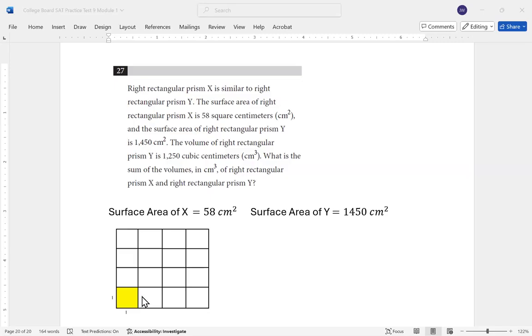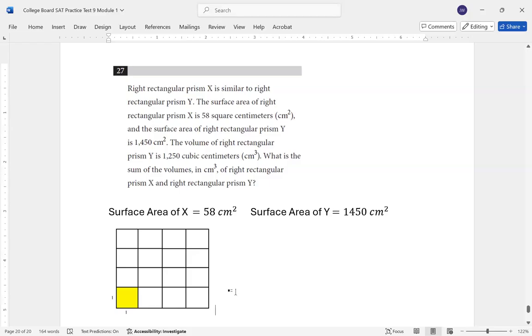Notice that 16 is 4 squared. And the same thing would hold true if we were talking about volume. If the side lengths were in a 1:4 ratio, then the volume would be in a 1:4 cubed ratio. 4 cubed, by the way, is 64.